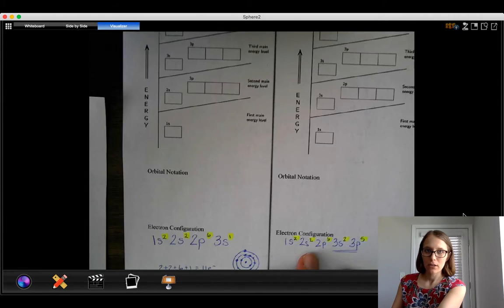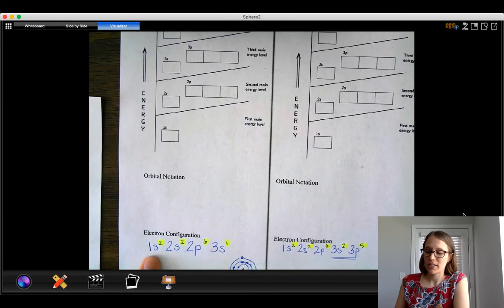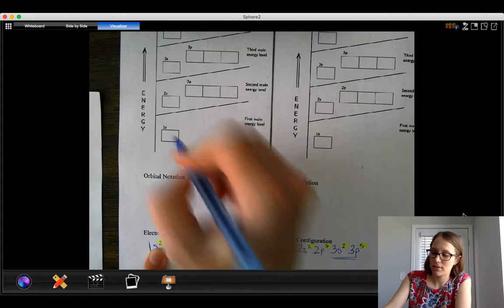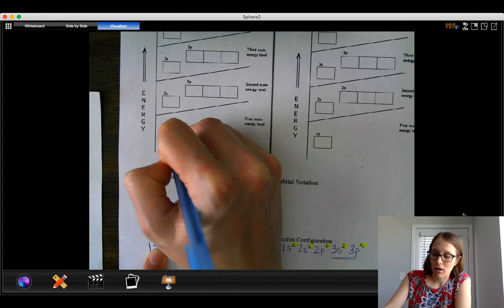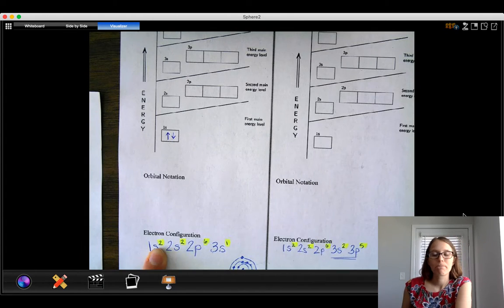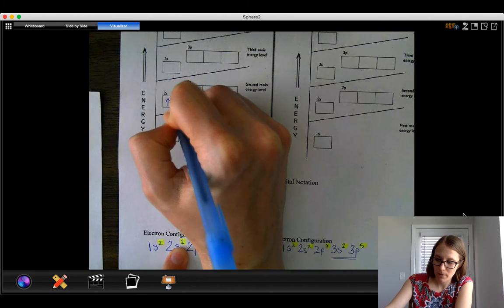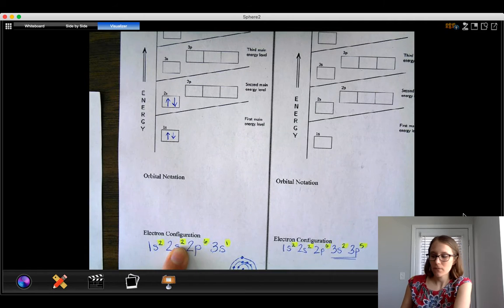Okay. If I look down at my electron configuration down here, in the 1s orbital, I should draw 2 electrons. And our rules that we just looked at said we're going to point them in opposite directions, 1 up, 1 down. Okay. Next, in the 2s orbital, I should have 2 electrons, 1 up, 1 down. Okay.